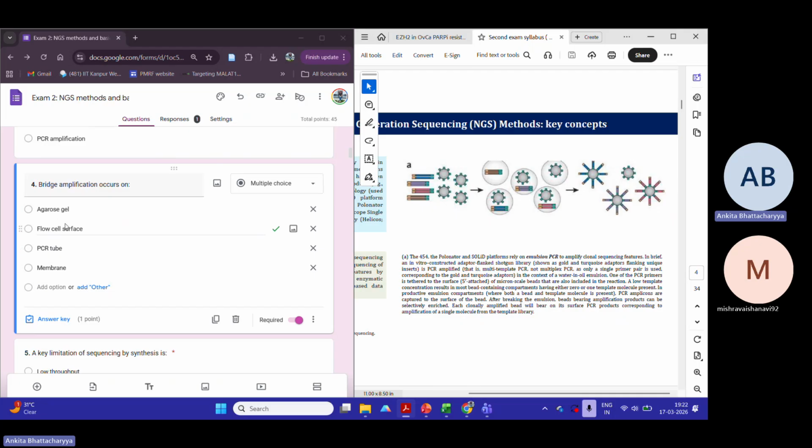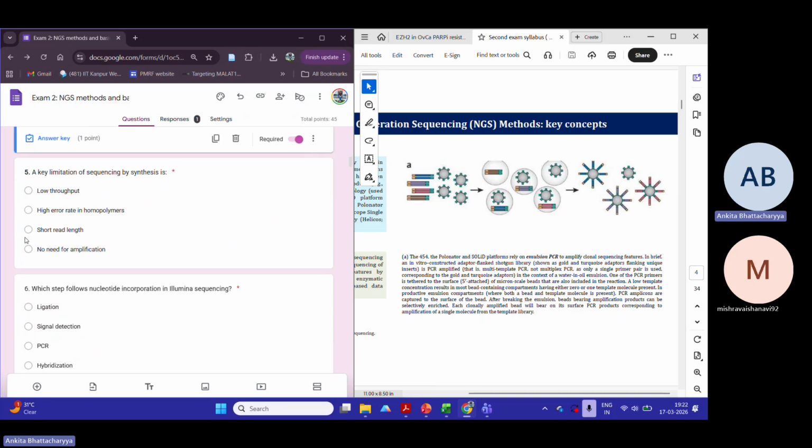So in this case, the correct answer was flow cell surface, which is where the bridge formation and overall the Illumina sequencing strategy is carried out.